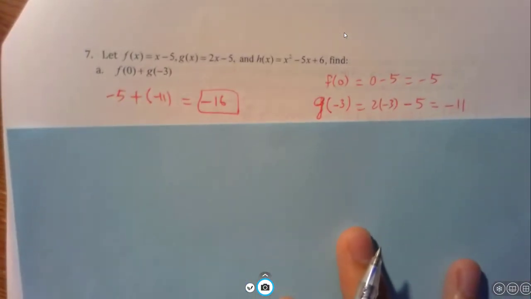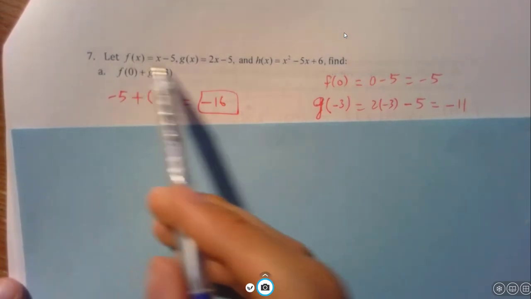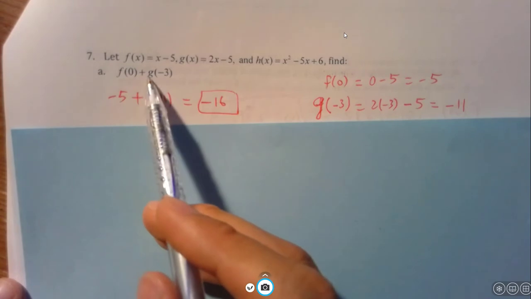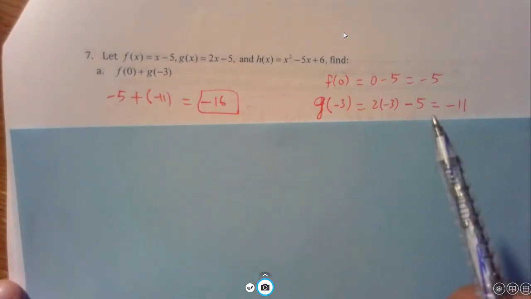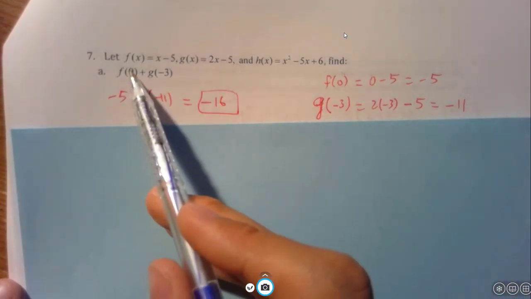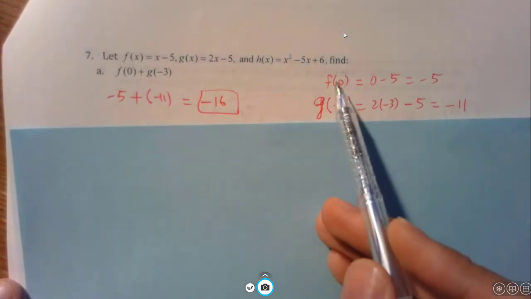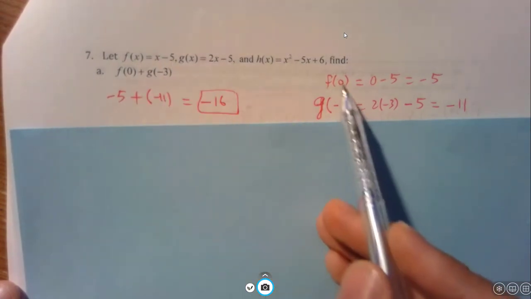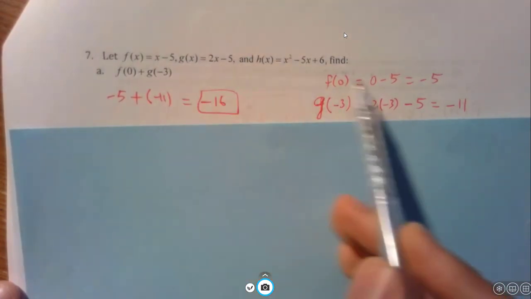Next question. We are given functions f, g, and h. We are asked to find f of 0 plus g of minus 3. So f of 0 means the value of function f when x becomes 0. So let's find f of 0. The f function is this one. F of 0, anywhere you see x, now becomes 0.